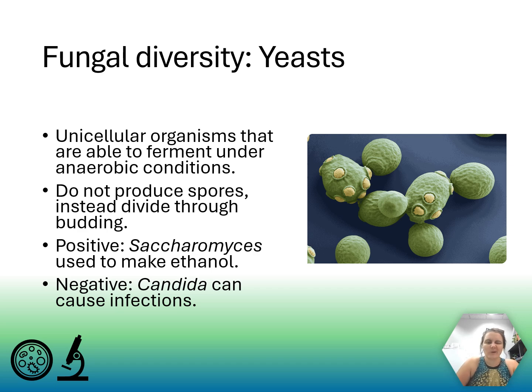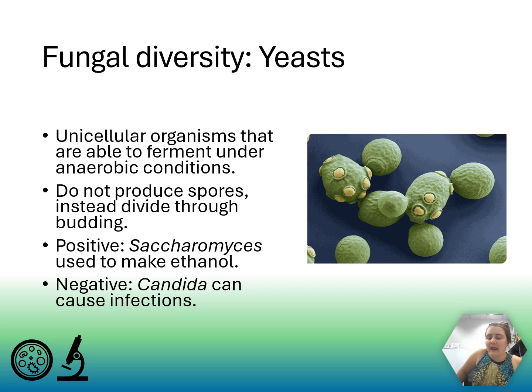So let's talk really quick about some fungal diversity and some different types of fungi that you might come across. The first is going to be yeast. Yeast tend to be unicellular organisms, and normally they ferment under anaerobic conditions. So remember, anaerobic means without oxygen.